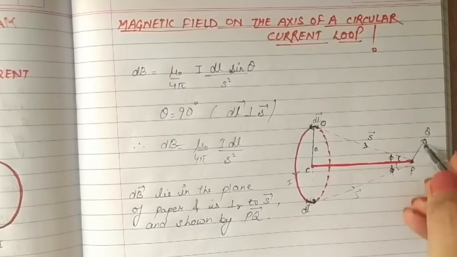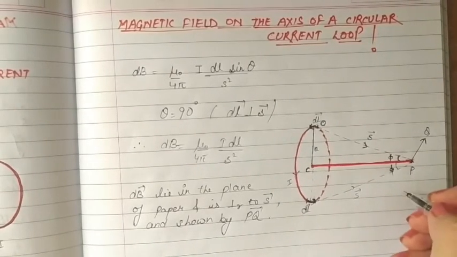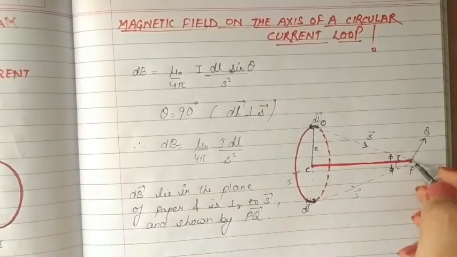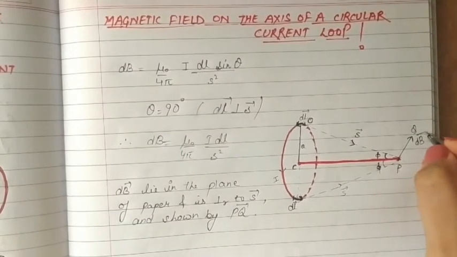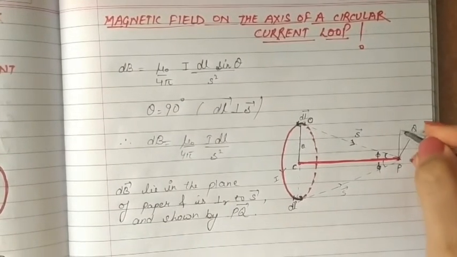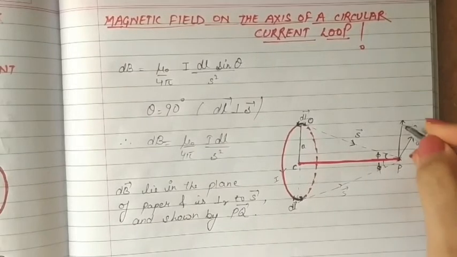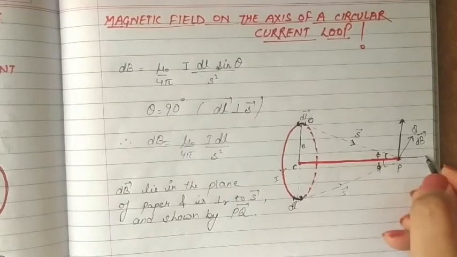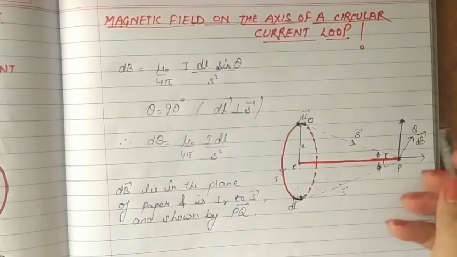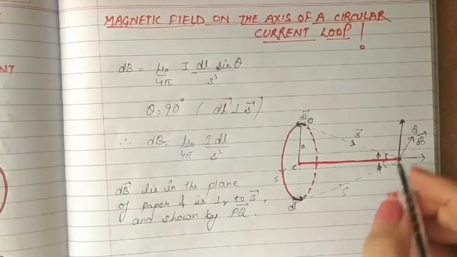So we can resolve dB into two components. This is the direction of dB vector acting here, and it can be resolved into two components like this. How will this division into components happen?